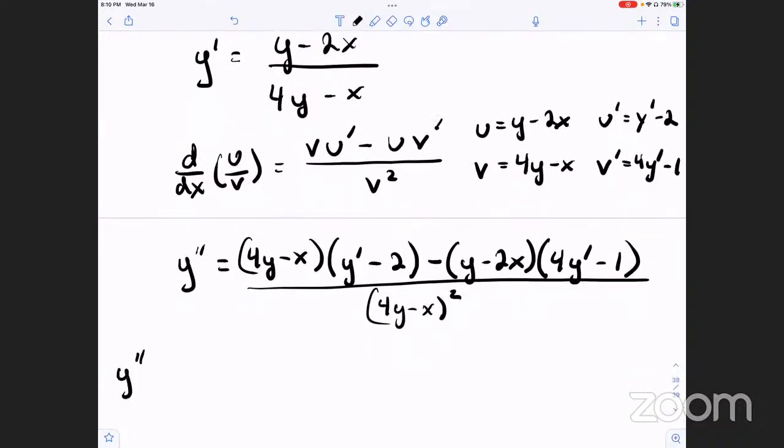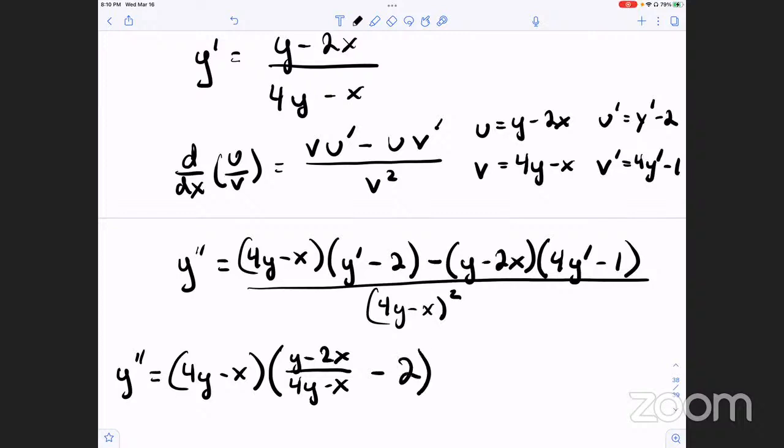So now we get that y double prime ends up being, we have this 4y minus x. Now y prime is this y minus 2x over 4y minus x, okay, and then that's going to be minus 2. Then we say minus this y minus 2x.